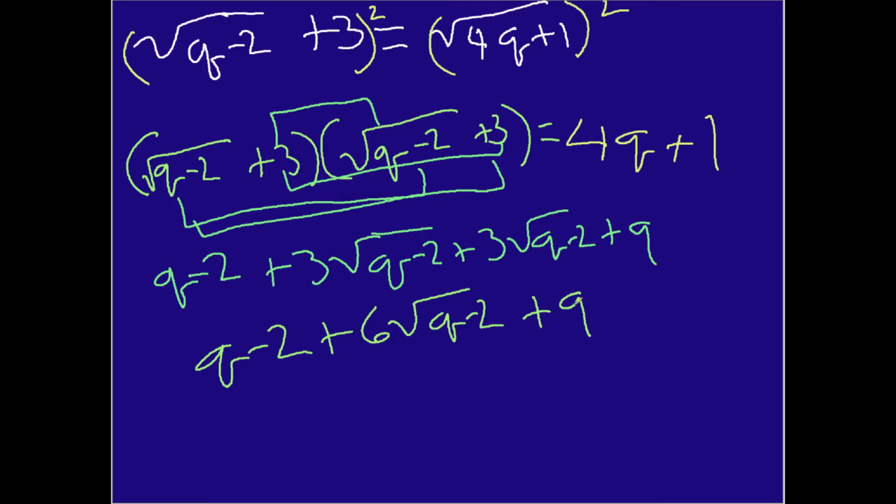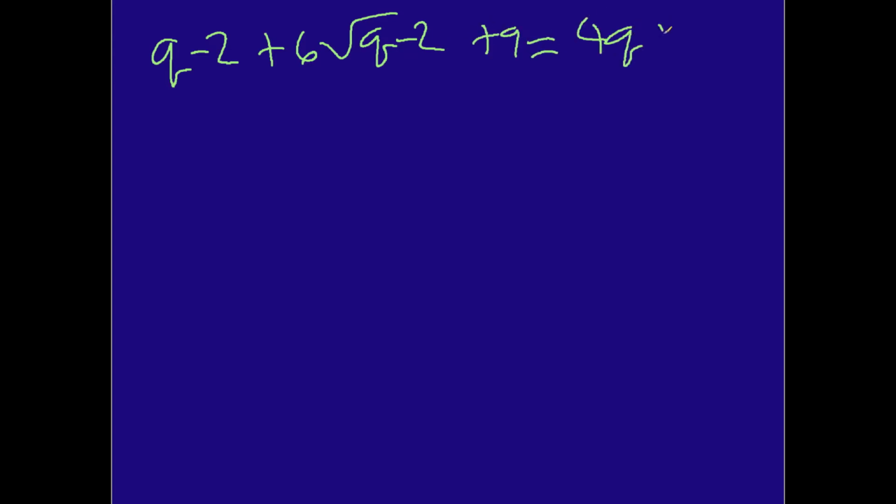And so let me go to a new screen because this is going to take a while. So this is what we have. We have q minus 2 plus 6 times the square root of q minus 2, and then plus 9 equals 4q plus 1. And so now we can start to combine like terms.